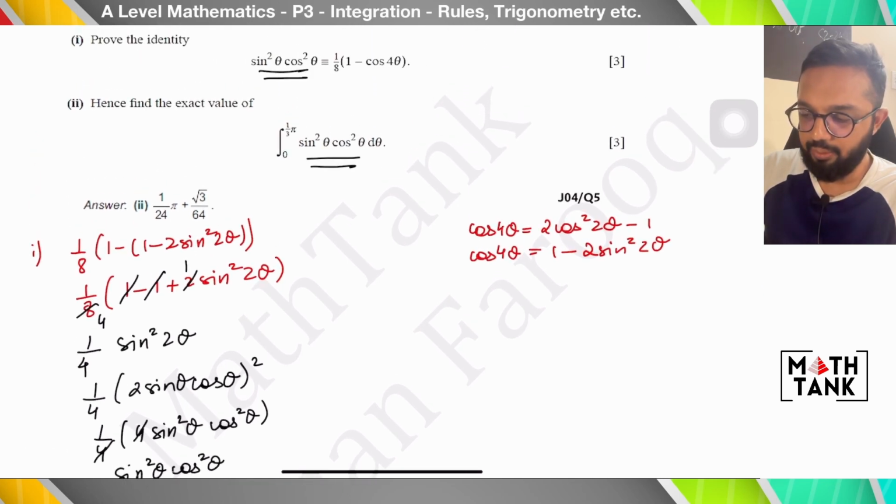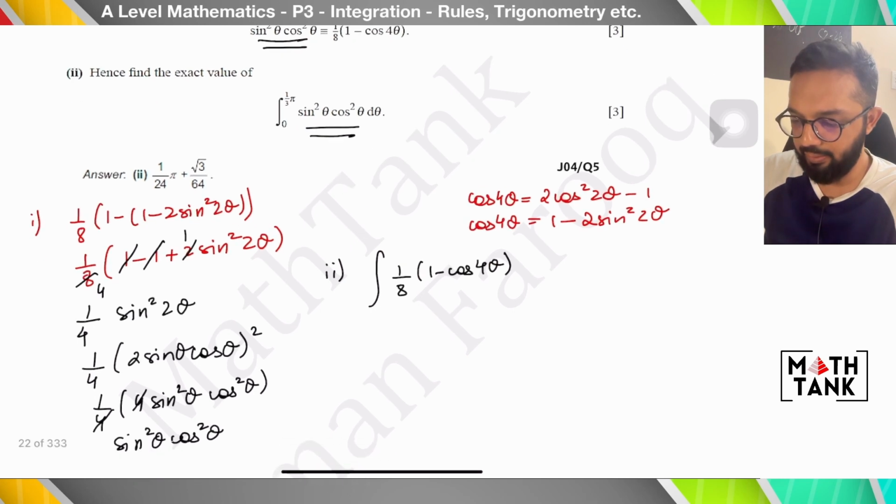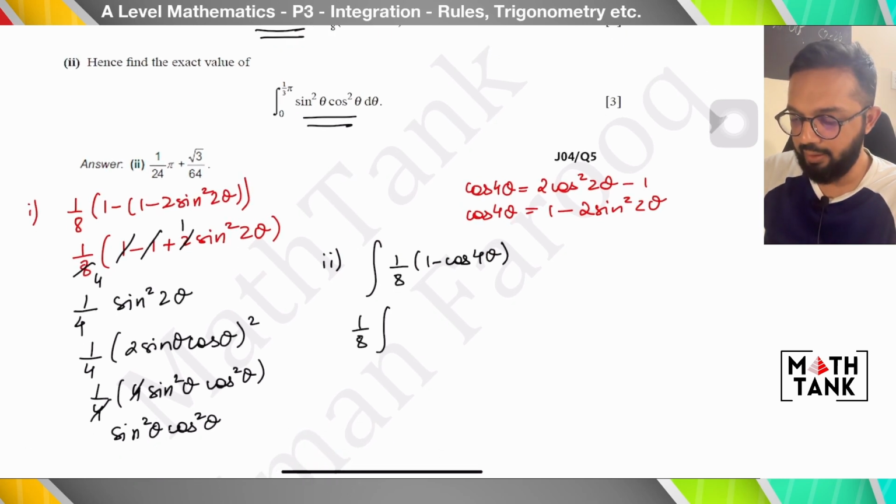Then in part 2 the question is asking you to integrate this, and I think that's relatively simple. I don't integrate this. Instead I integrate 1 over 8 times 1 minus cos 4 theta. The easier thing to do is pull out 1 over 8 common and say that this is 1 minus cos 4 theta.